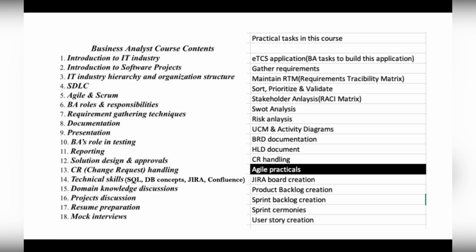HR is a domain where, if any company is trying to develop HR related applications, people like Priyanka can be very useful for them to understand the domain. So all such discussions will happen in this session, so that it's an exchange of knowledge from one trainee to another trainee.